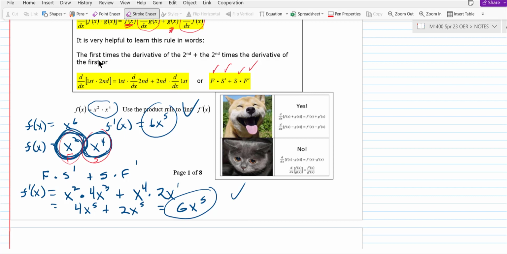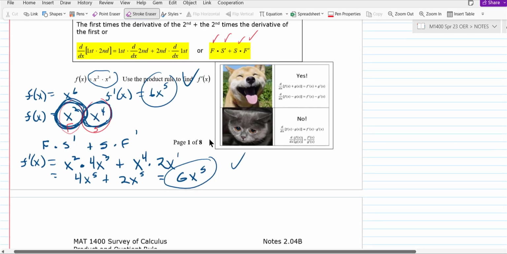And there's going to be times when you absolutely have to do the product rule. You're not going to have any choice of the matter. So when you learn it, just learn it in words, not in symbols. First times derivative of second plus second times derivative of first. You use that anytime you see two functions being multiplied. Two functions of a variable in there.